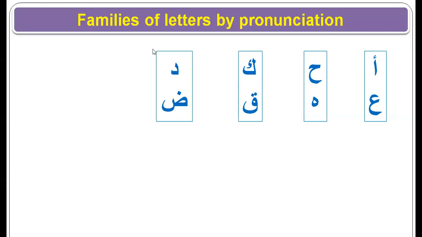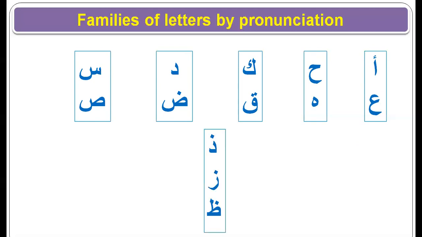Next is Dal, a light letter, Dad, a heavy letter. We have also another family of letters that sound similar, Sin and Sad. Sin is a light letter, Sad is a heavy letter.